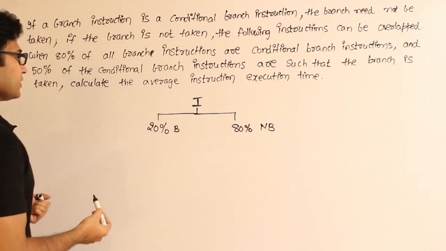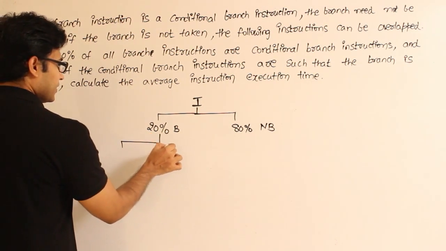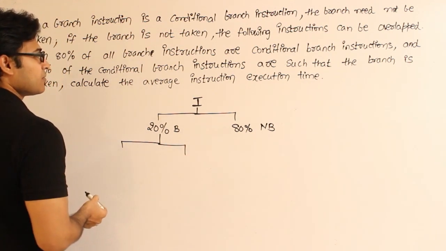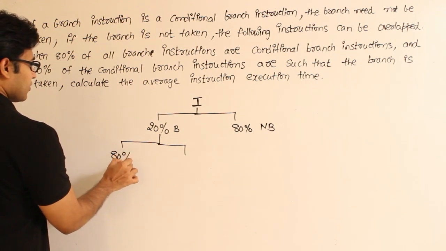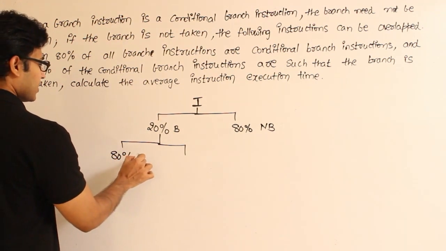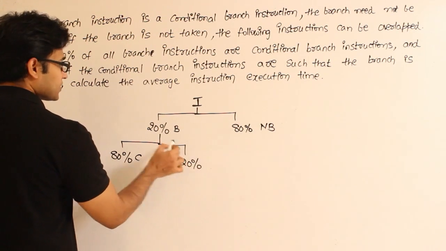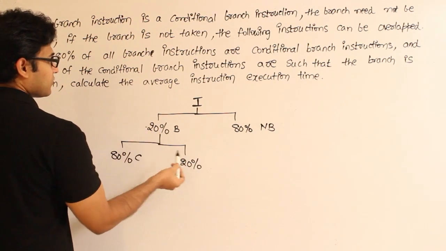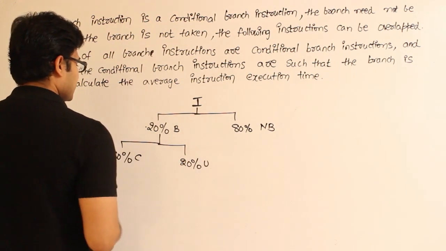And now they are saying that within these branch instructions also, some of them are conditional branches and some of them are unconditional branches. So they are saying that 80% of the branch statements are conditional, and so 20% of the branch statements are unconditional branches.